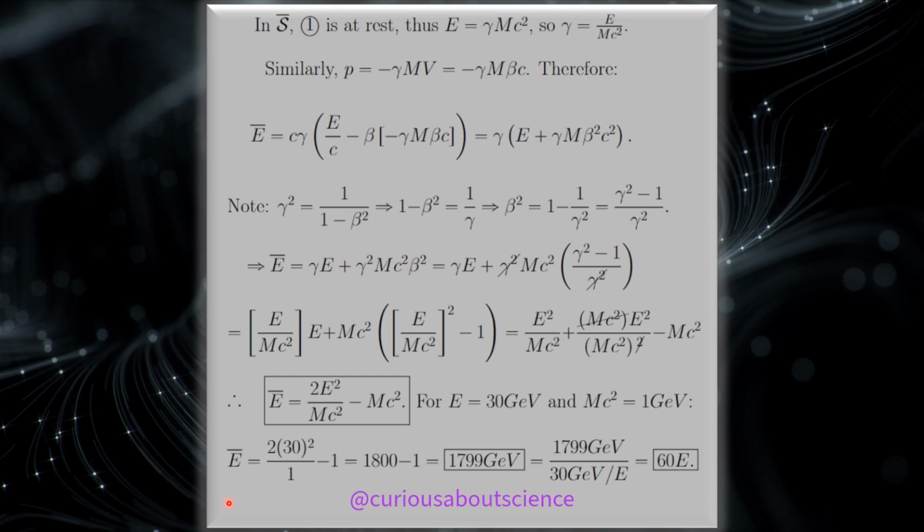If we divide that by the GeV of one proton, we see that we get a factor of 60E, which is far greater than 4E in the classical realm, and thus we see that the relativistic regime gives us more insights and more ability to discover things that we didn't before. How fascinating.